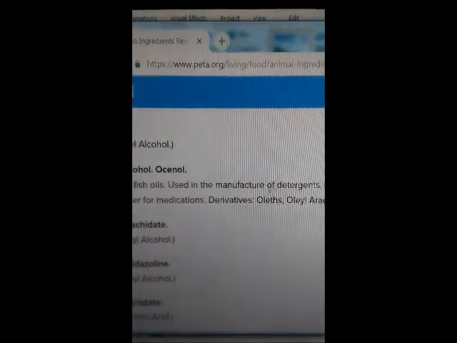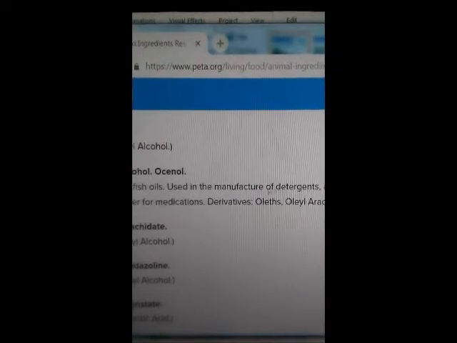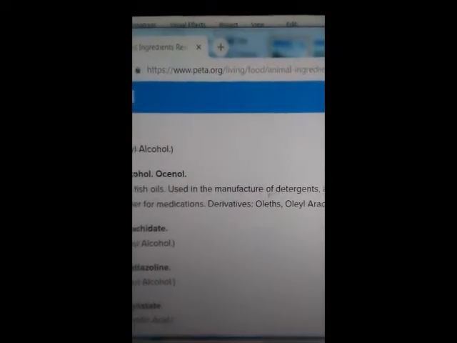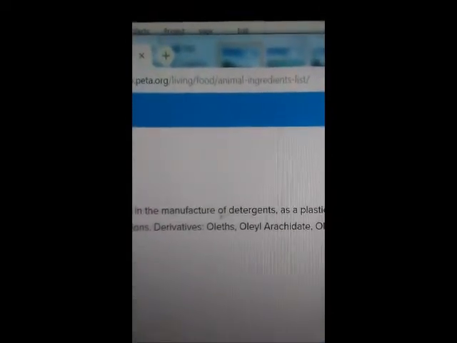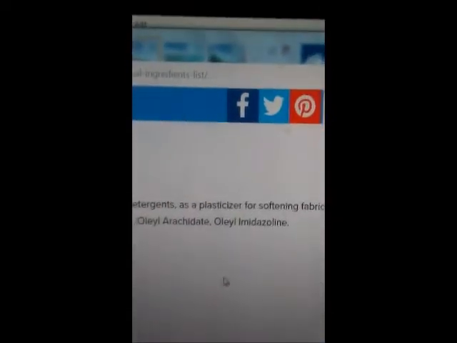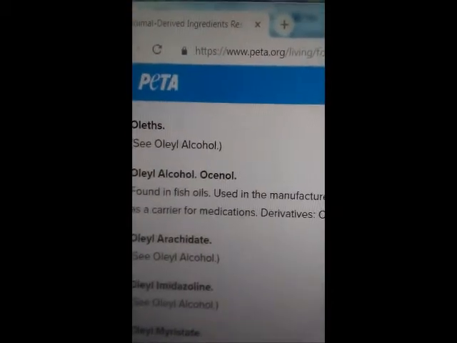Let me see. Yeah, oleyl alcohol, ocenol, I think that's what it is. Found in fish oils, used in the manufacture of detergents, as a plasticizer for softening fabrics, and as a carrier for medications.